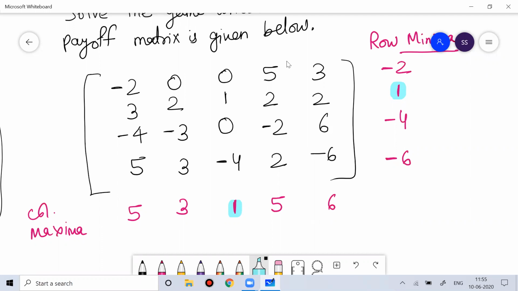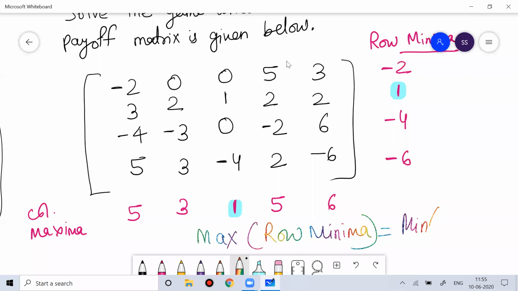And then once you find the row minima and the column maxima, after that you have to find the greatest value of row minima, and make it equal with the smallest value of the column maxima. If they are equal, the strategy is a pure strategy.